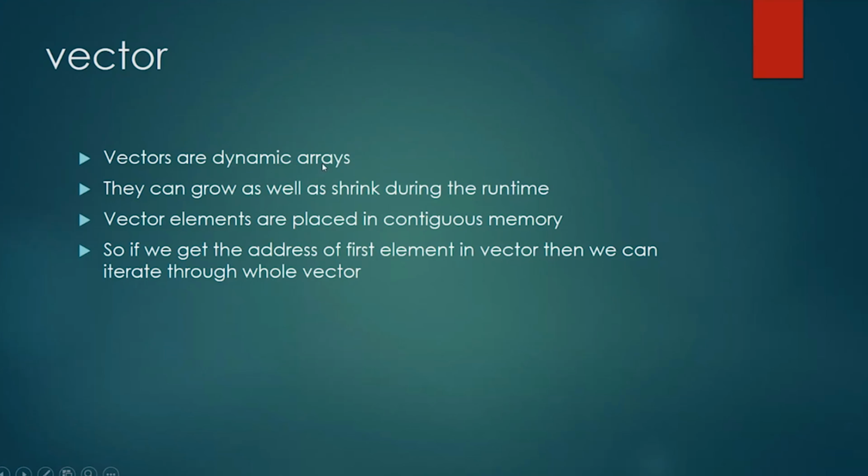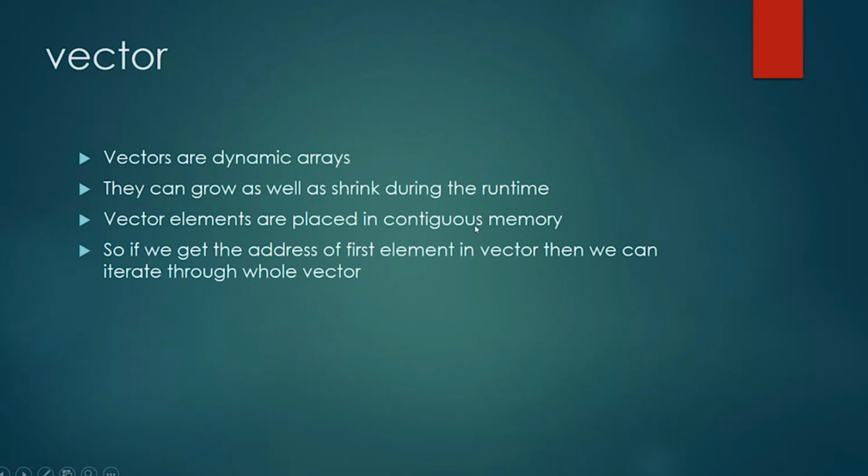They can grow as well as shrink during runtime. This is a very crucial property of the vector. Like when you are coding and iterating through the loop, at that time also you can shrink or increase the size of the vector.